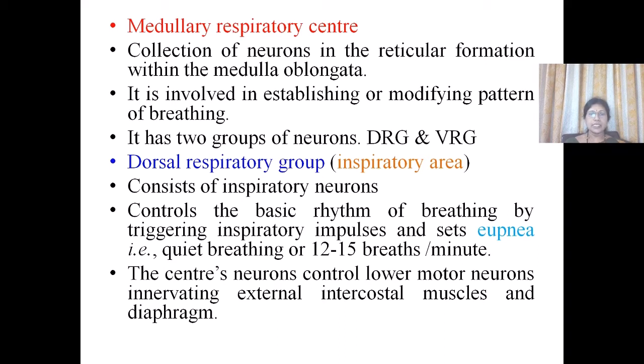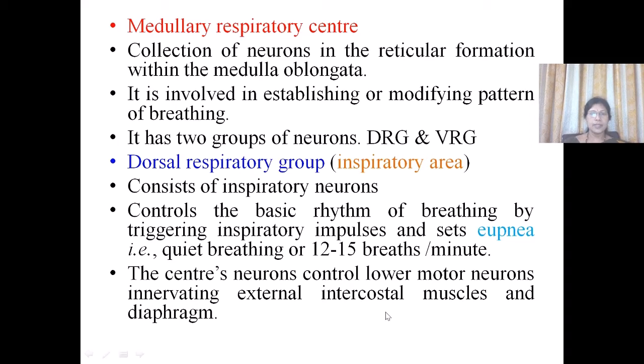This DRG center's neurons control lower motor neurons innervating the external intercostal muscles and the diaphragm. The activity of this DRG increases the activity of the intercostal muscles and diaphragm, thereby inhalation occurs.